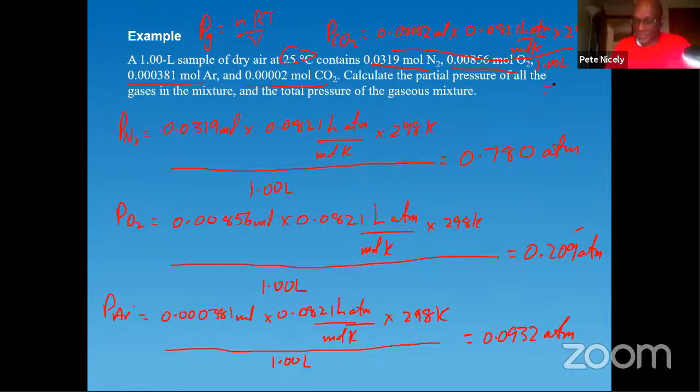So let me do that calculation, 0.00002 times 0.0821 times 298 divided by 1.